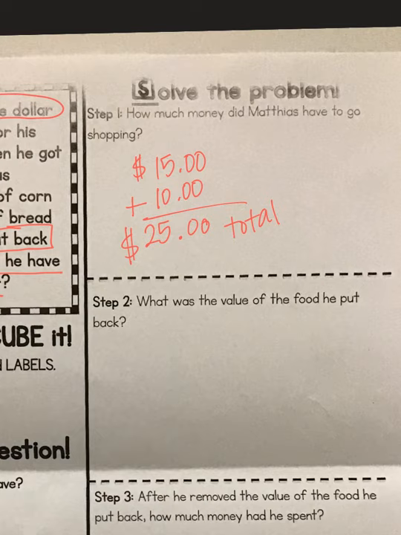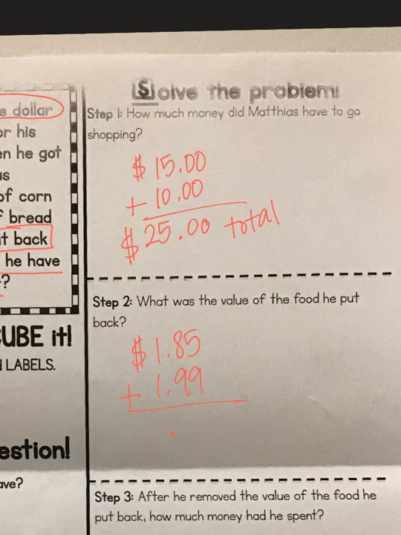What was the value of the food he put back? How much did the corn cost? $1.85. And then how much did the bread cost, JJ? $1.99. Am I going to add or am I going to subtract? Add, because I want to know how much money it was that he put back. So I'm going to line them up, drop it down.